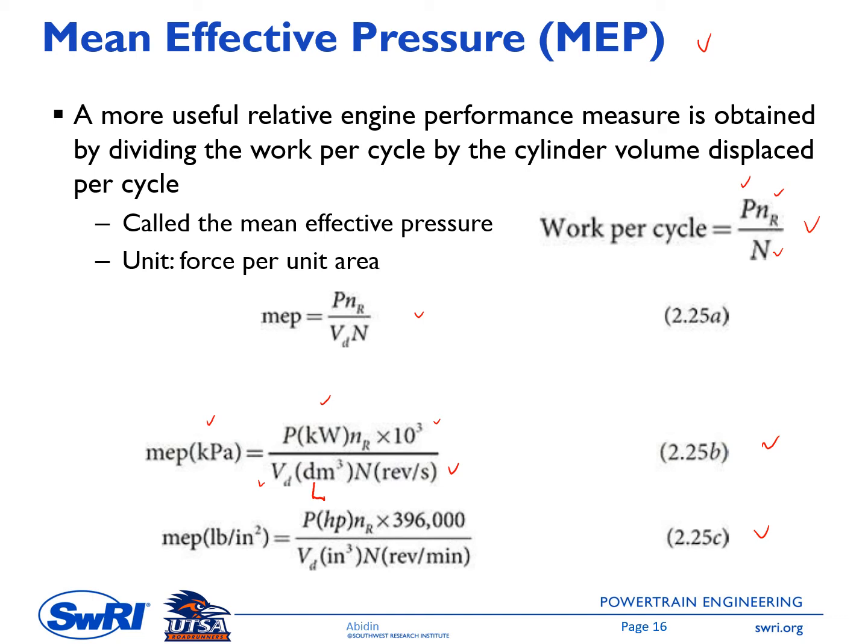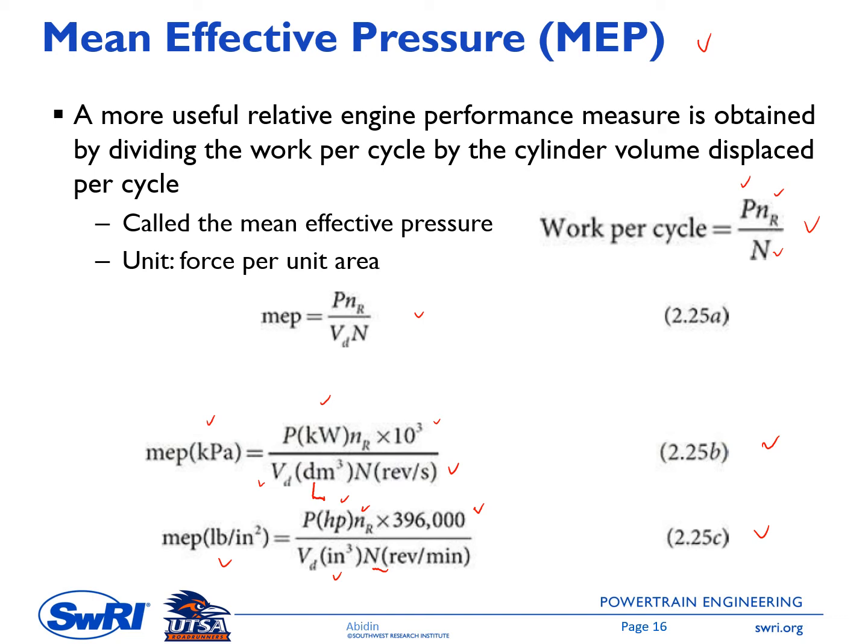In this case, the MEP is in pound force per square inch, the power is in horsepower, and R is either 1 or 2, multiplied by 396,000, divided by the engine displacement in cubic inches, multiplied by the engine rotation speed in RPM.